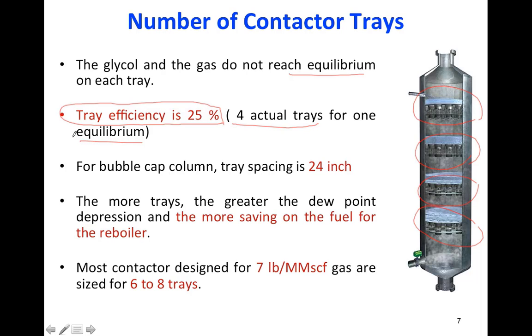If the stage was equilibrium, we would need fewer actual trays. So for the bubble cap, this is a bubble cap. You know the difference between bubble cap, sieve tray, and valve tray. You already know it from Unit 5. The normal spacing between the trays is 24 inches, the space between the upper one and the lower one.